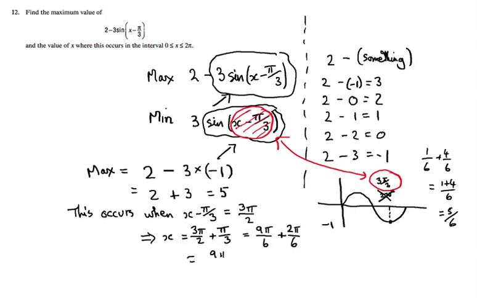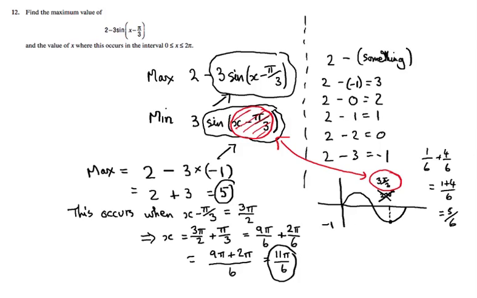So we have 9 pi plus 2 pi of these sixths, which is 11 pi upon 6. 9 lots of pi plus 2 lots of pi be 11 lots of pi over 6. 11 lots of pi upon 6. So the maximum of 5 occurs when x is 11 pi upon 6.